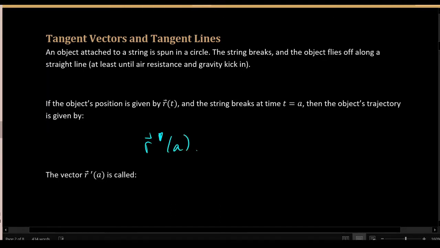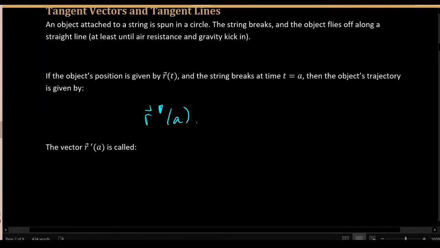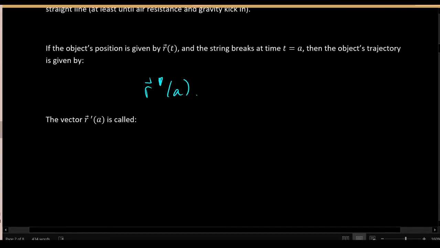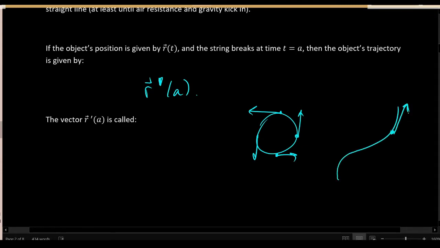We saw yesterday several examples of the fact that the velocity vector, if you drew it on the graph of the path of motion, was tangent to the path of motion. And we saw in the cubic example as well, the velocity vector was tangent.